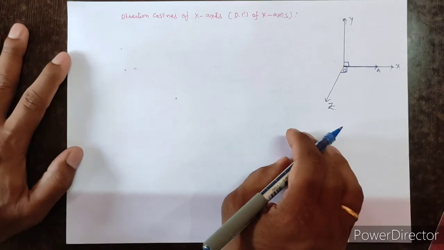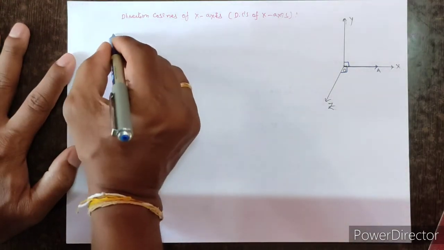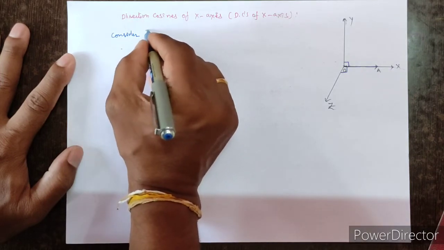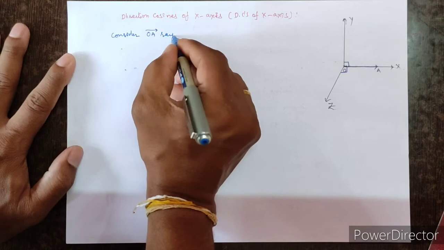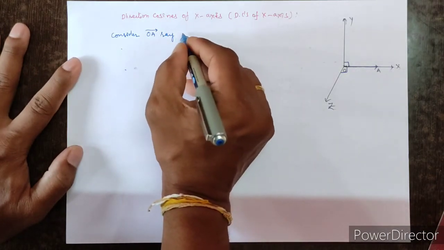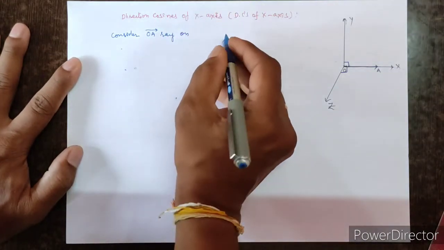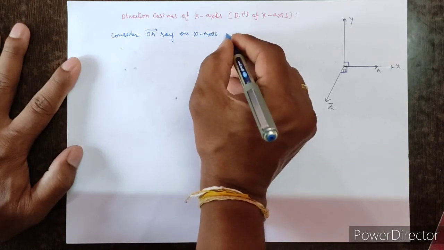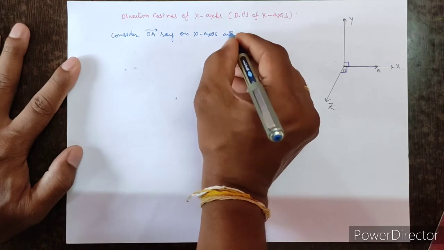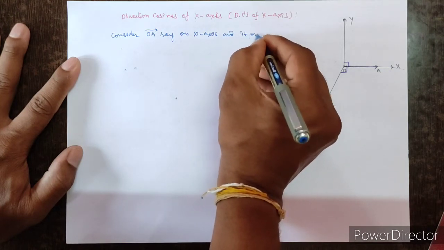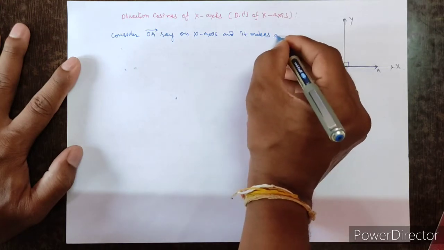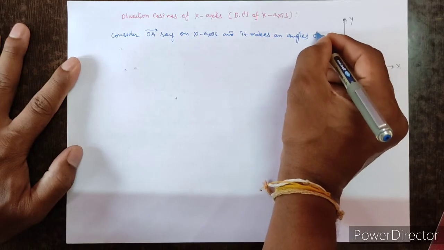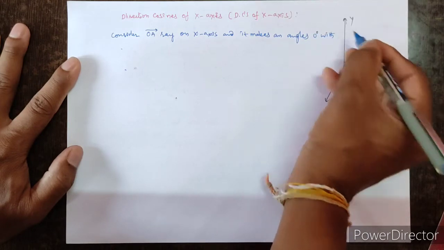Okay, so consider the OA ray on the x-axis, and it makes an angle of 0 degrees with what?